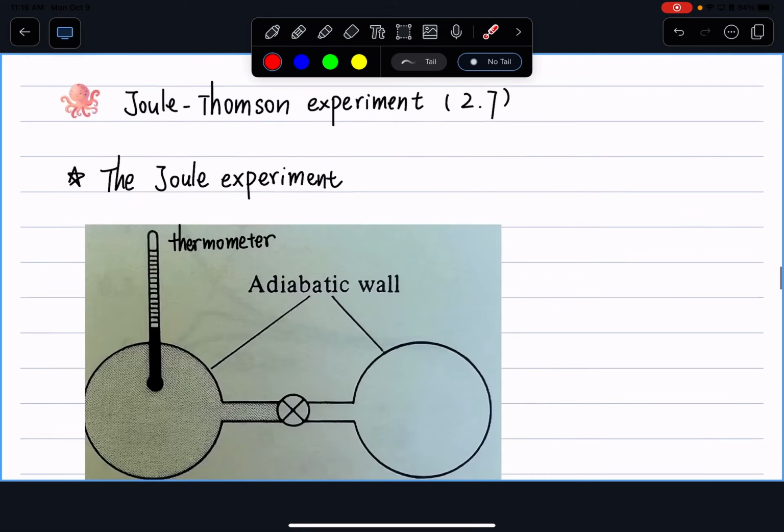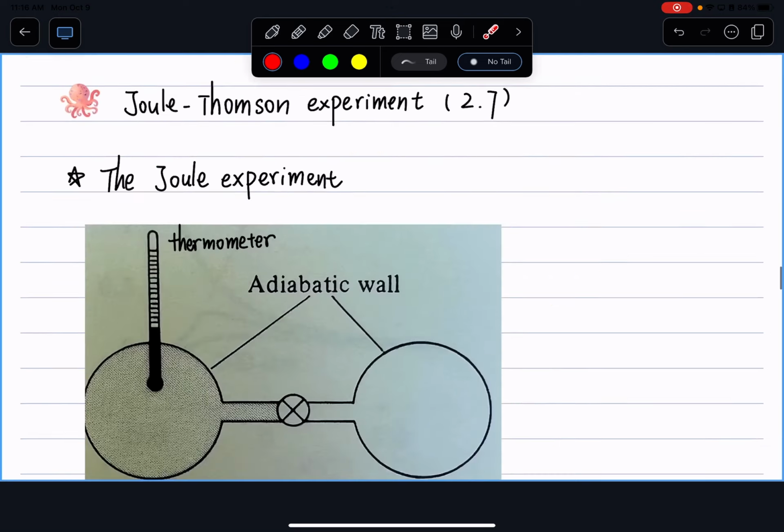Now what you have to imagine is that you have this system, and you have two different plugs that can move without any friction or anything. And on both ends, you have different pressure. You have P1 and P2. And in this case, we manually set P2 to be smaller than P1.